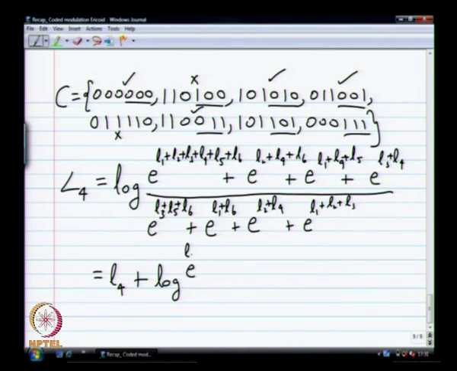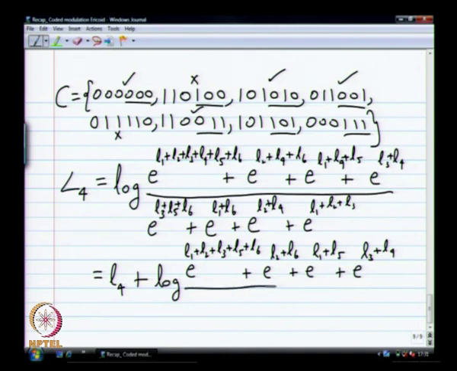So, I am going to write it down once again. Plus e power L2 plus L6 plus e power L1 plus L5 plus e power L3 plus L4 divided by e power, okay, denominator does not change.